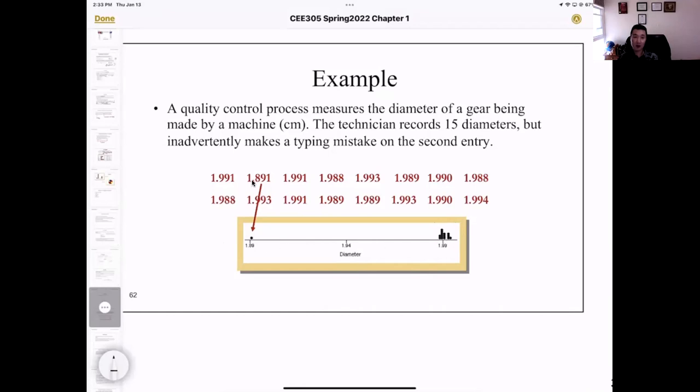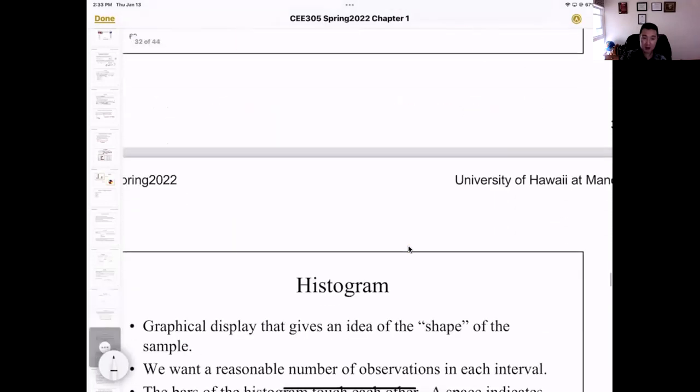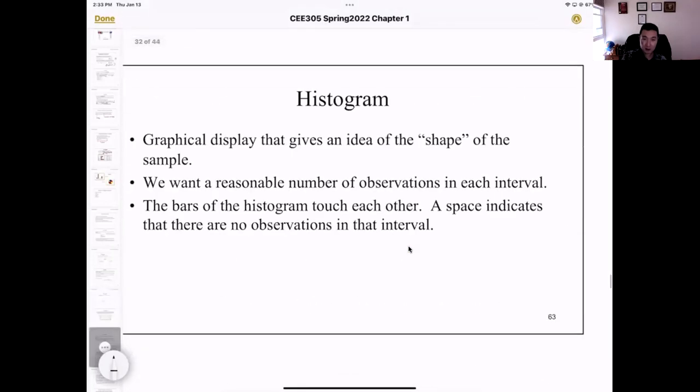This one, 1.891, is an outlier, much smaller than the remaining ones. That is due to a typing mistake. So that is the dot plot.